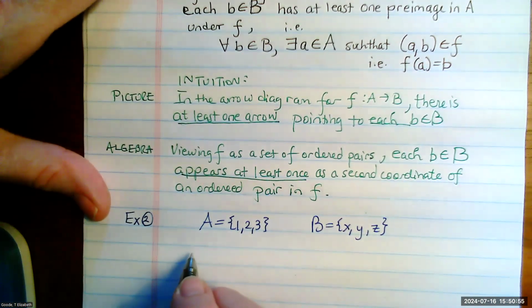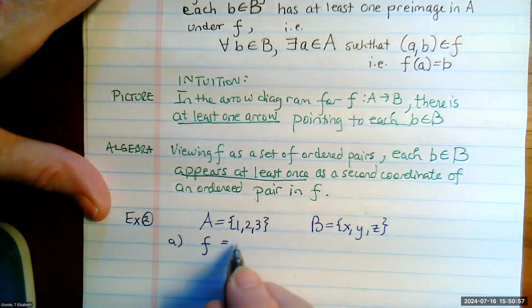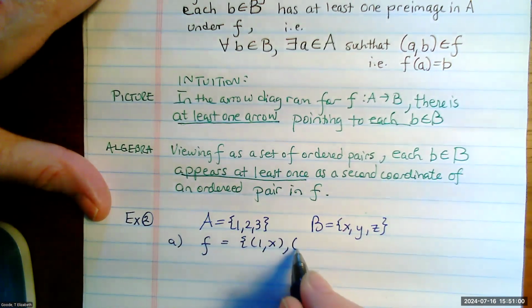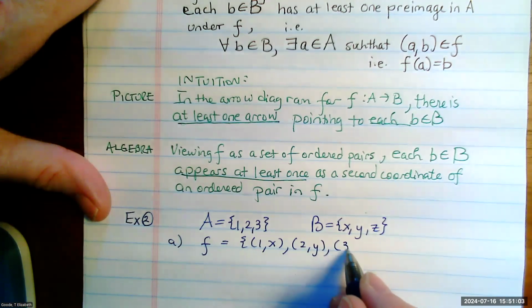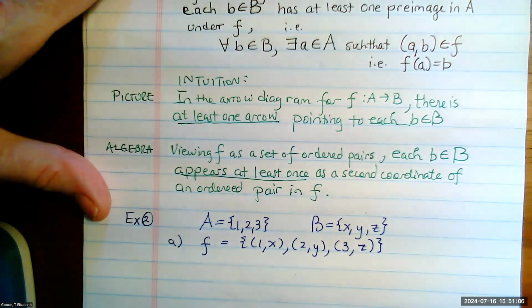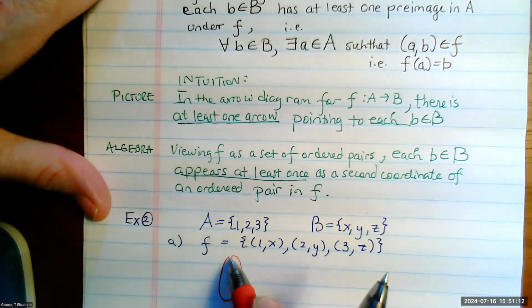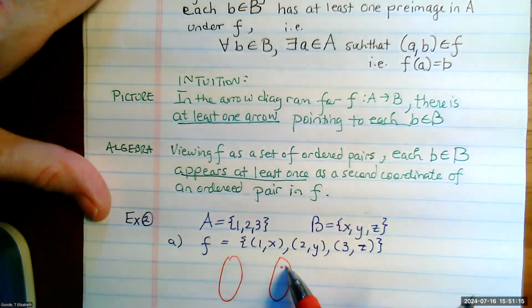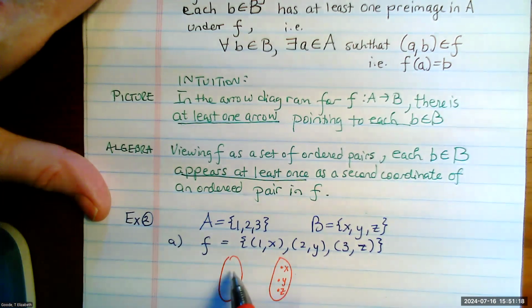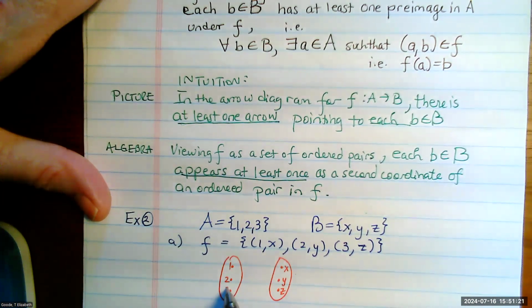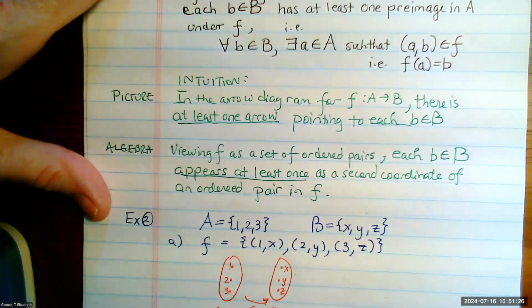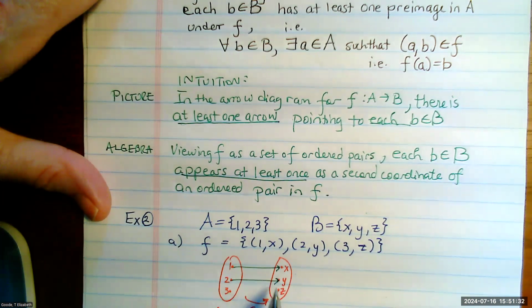Again, if we use this F where 1 maps to x, 2 maps to y, and 3 maps to z, then each element in the codomain does get hit with an arrow. Every single little b, whether it be x or y or z, gets hit by an arrow.